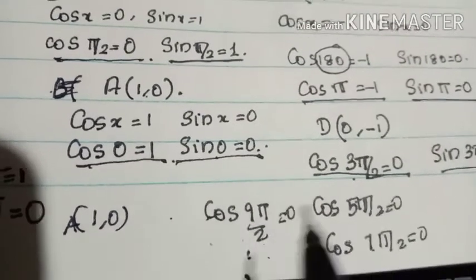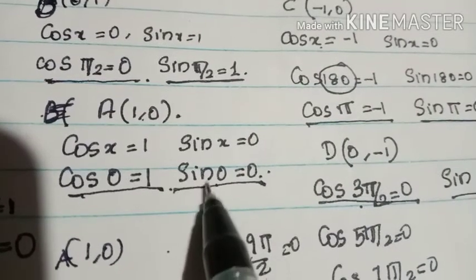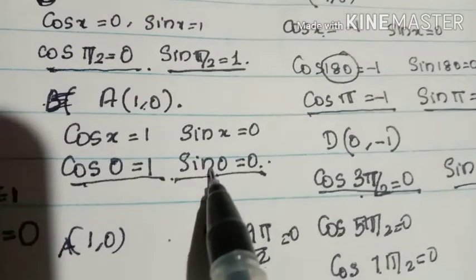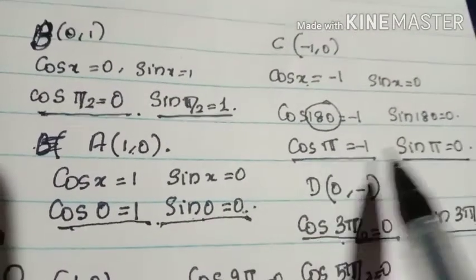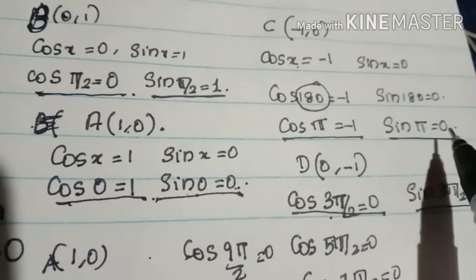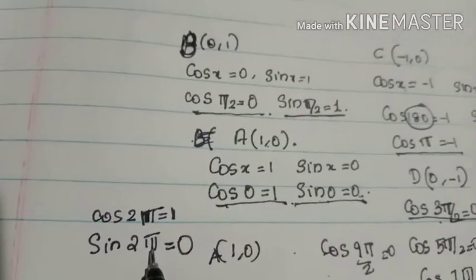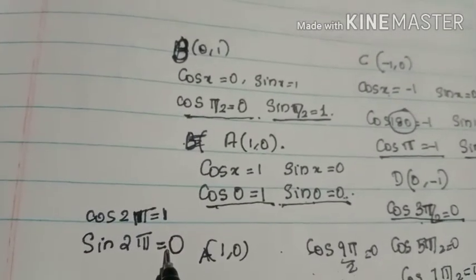Okay, let's see this value. What is sin 0? Sin 0 is 0. What is sin π? Sin π equals 0. Let's see here. What is sin 2π? Sin 2π equals 0.